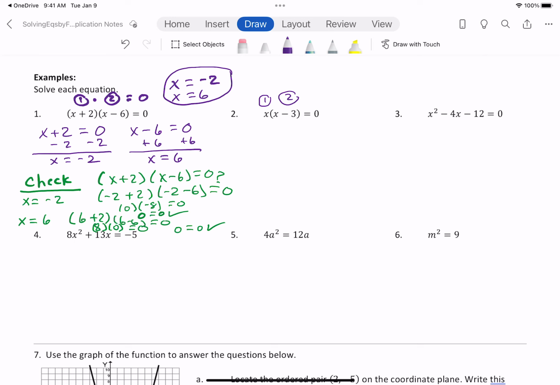So we're going to start with step 3 again and set each one of those factors equal to 0. So the first one this time, of course, that's finished. There's nothing to solve. It already says x equals 0. And for the second one, we're going to add 3 to both sides. And I get x equal to 3.